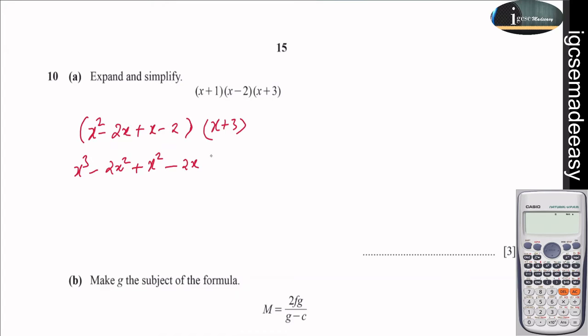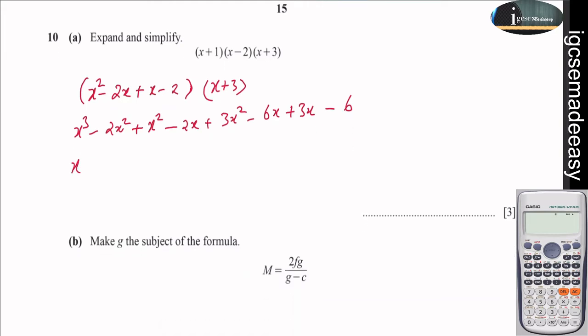Then we will multiply 3 with the brackets, so plus 3x square minus 6x plus 3x minus 6. So all the like terms: x cube is alone, we don't have a like term for that. Square terms we can add together, so minus 2x square, minus 2 plus 1 plus 3.